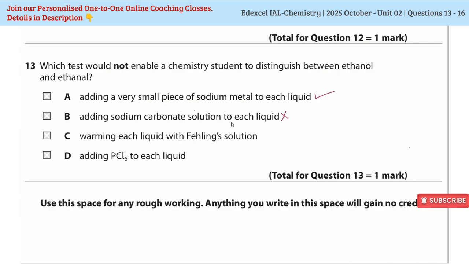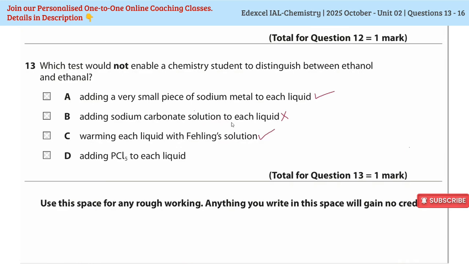Test C. Warming each liquid with Fehling's solution. Fehling's solution is reacting with one, oxidizing it, but is not powerful enough to oxidize the other. Therefore, Fehling's solution can be used.